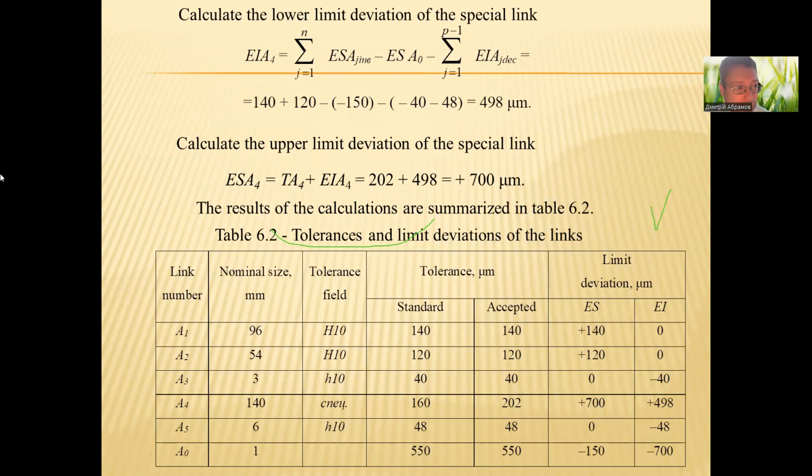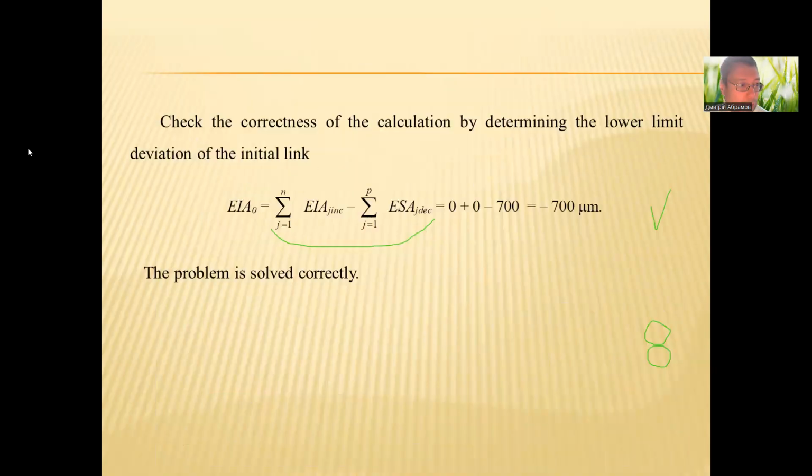First increasing link, lower limit deviation 0, second lower limit deviation 0. So 0 plus 0, and then minus upper limit deviation of decreasing links.